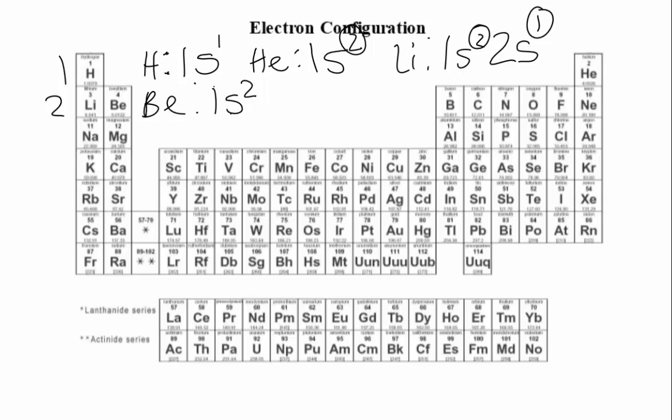Then we move down to our second principal quantum number, where beryllium resides. Still in the s subshell, but now we have 2 electrons, because this was the first and this is the second. That would be the electron configuration for beryllium.